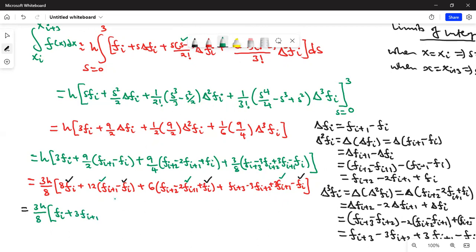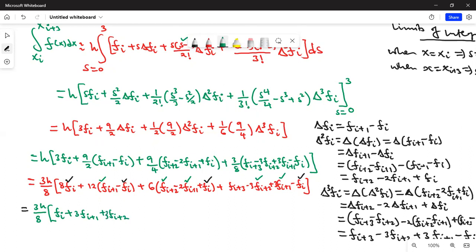Let's get to fi plus 2. I have here 6. Another one is negative 3. So again, that is 3 fi plus 2. Followed by, this is 3.